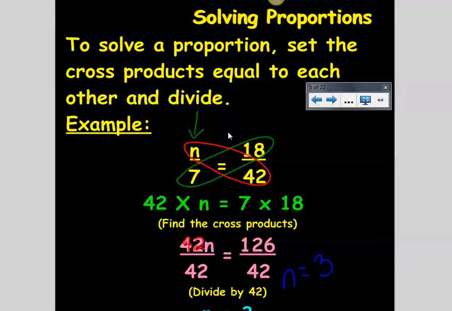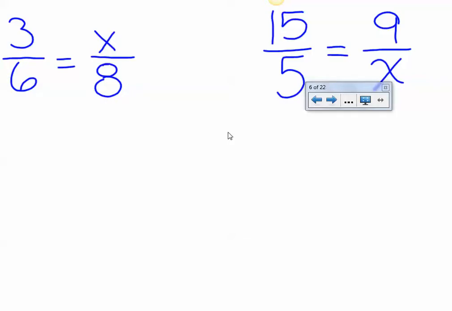All right, that was a lot thrown at you all at once, so we need to do some practice. So we're going to practice these on our paper right now. What I would like you guys to do is copy down these problems with me on your paper. 3/6 equals x/8. So what we're going to do is make our cross products equal to each other. So my one cross product, and please circle it on there just so I know that you're doing the cross product, is going to be 3 times 8.